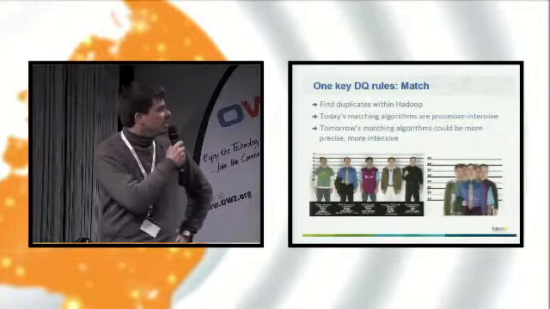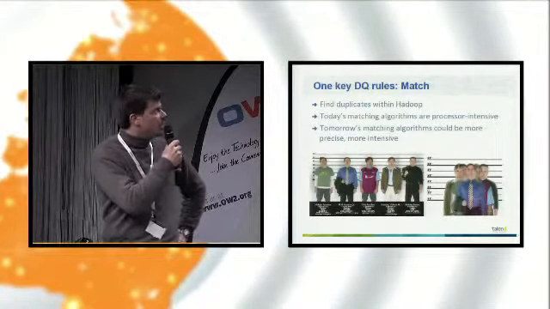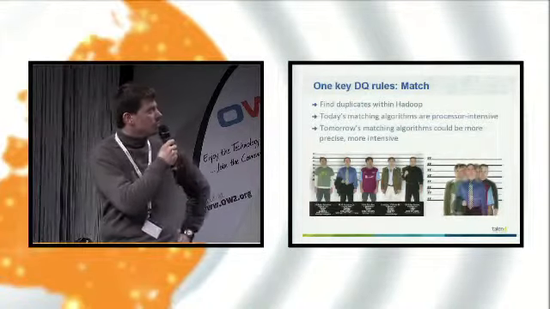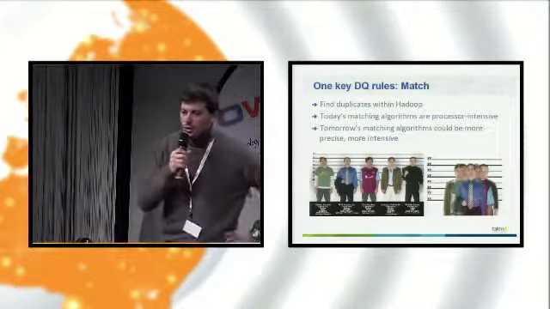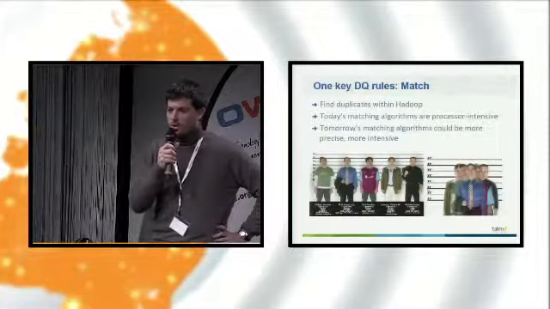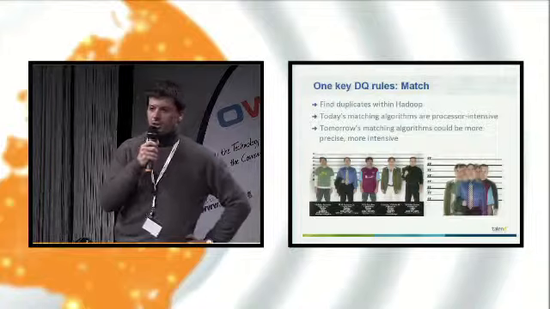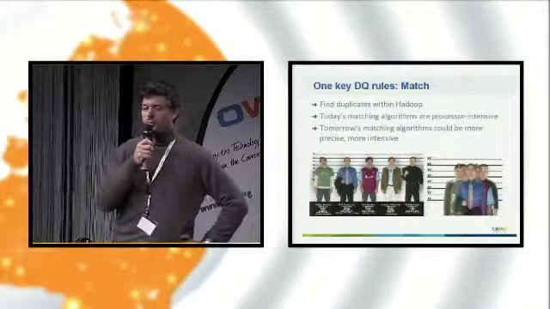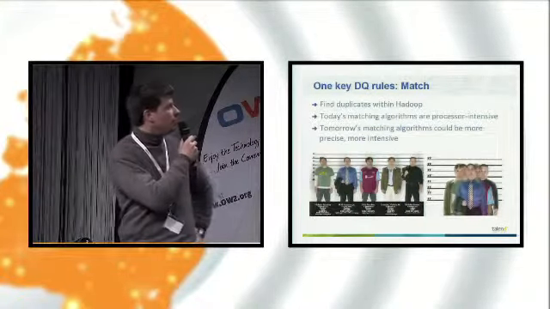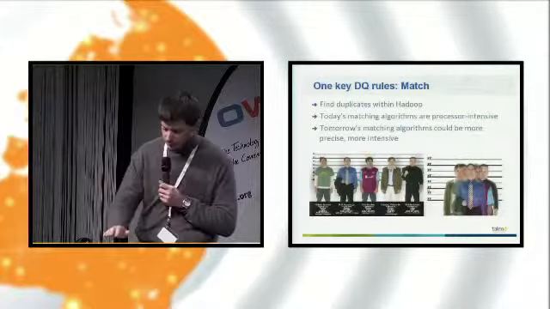So for that, it's better to do it inside the grid. So there is no single answer to say you should do data quality before putting your data on your Hadoop cluster or inside it. It will depend on whether you need the power of your cluster to do the data quality.